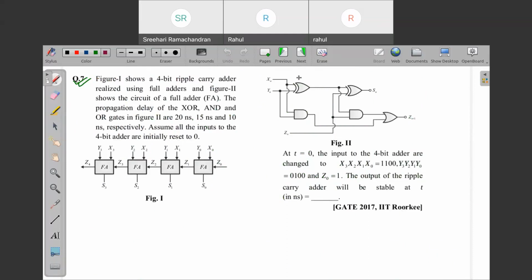They have just shown this full adder and broken it into XOR, XOR and OR gates.